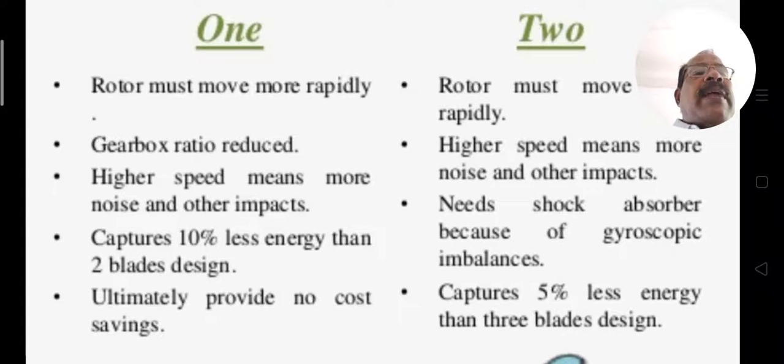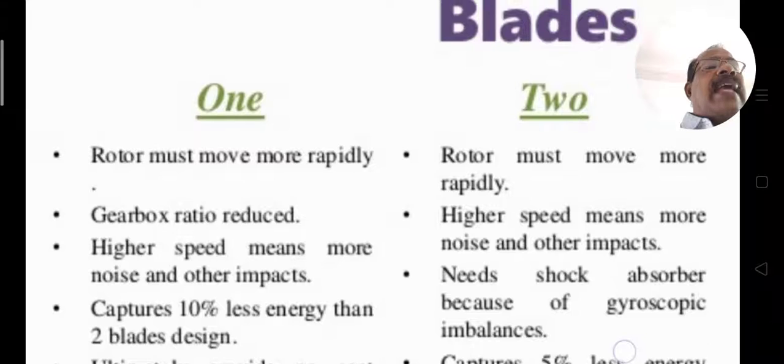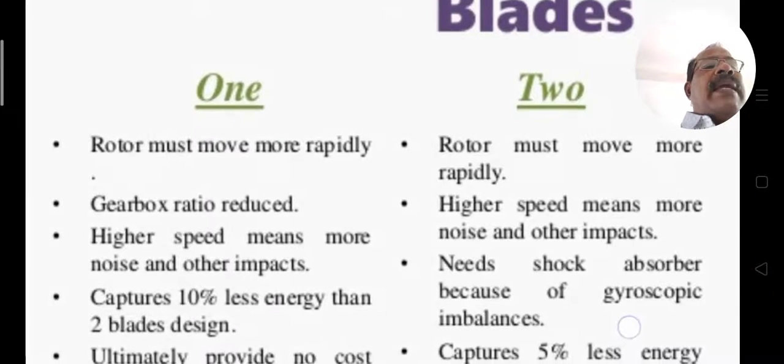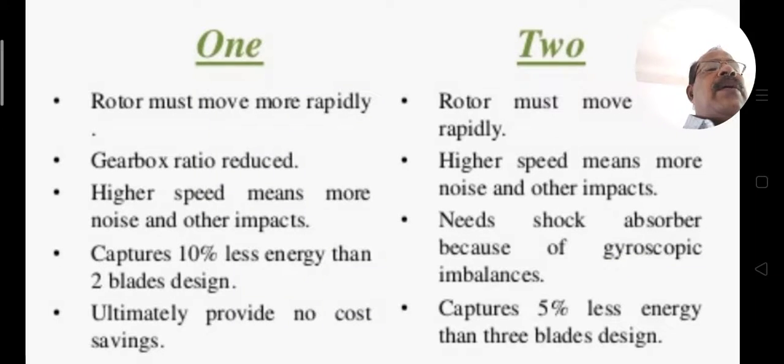If you use two blades, the rotor must also move rapidly, and higher speed means more noise and other impacts. It also needs a shock absorber because of gyroscopic imbalance.